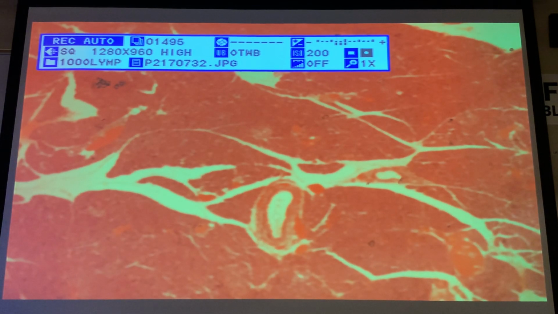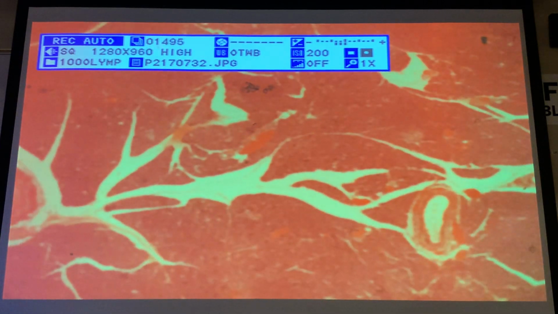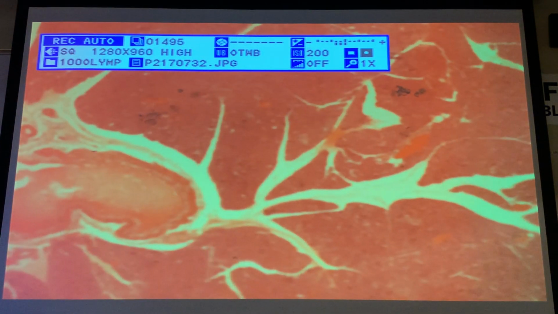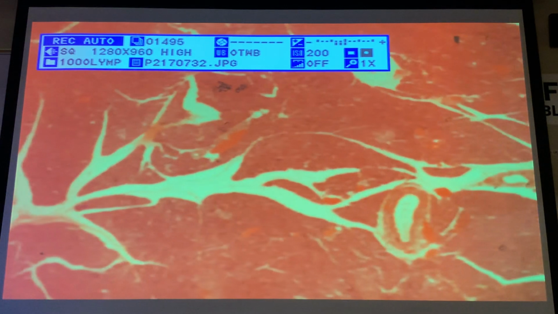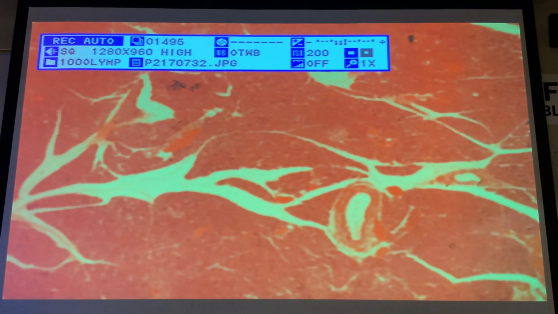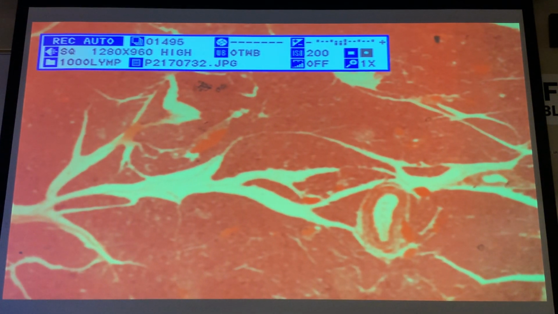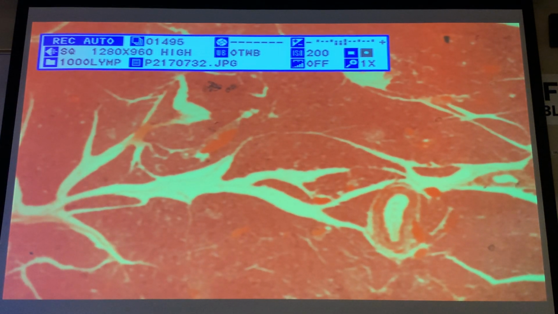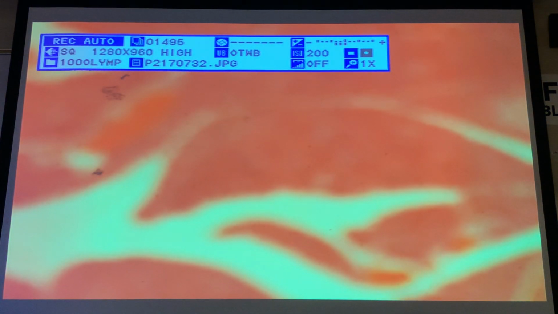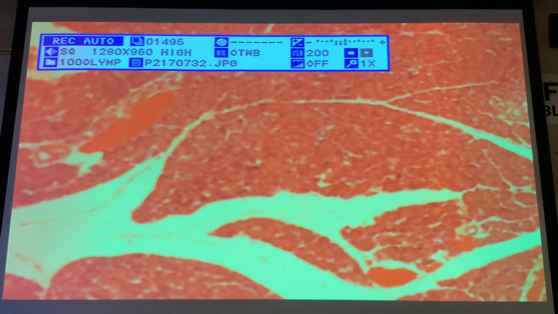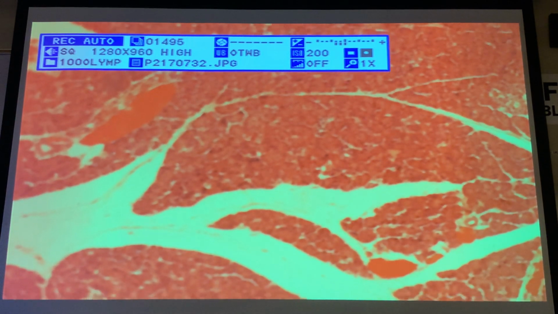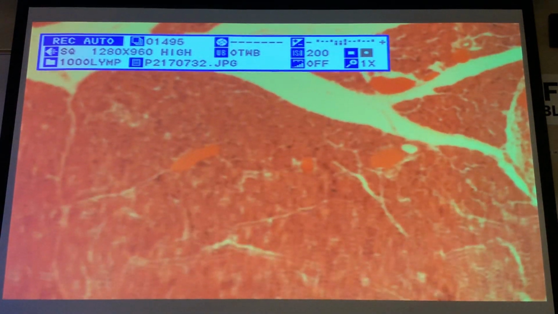All right, I keep fogging up the lenses here. All right, where are you? Where'd you go? Let me find a good section.